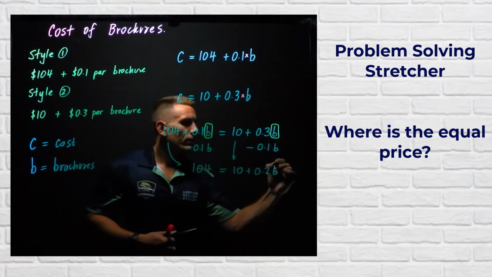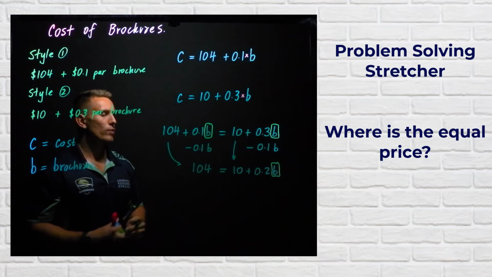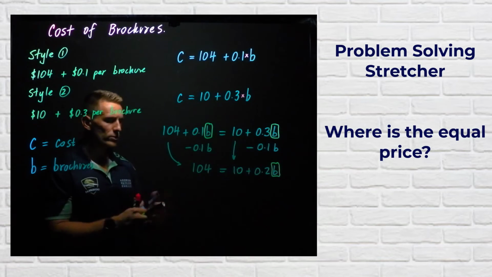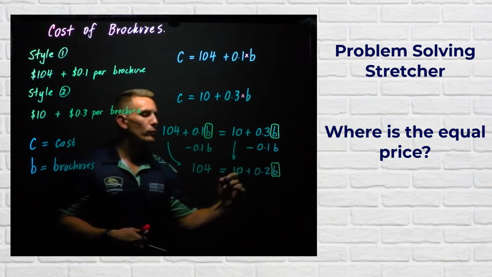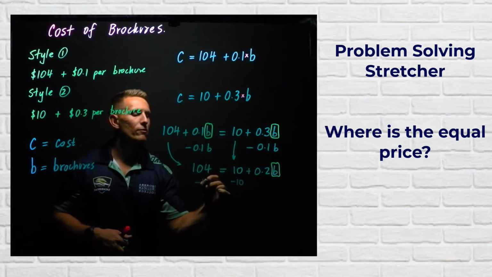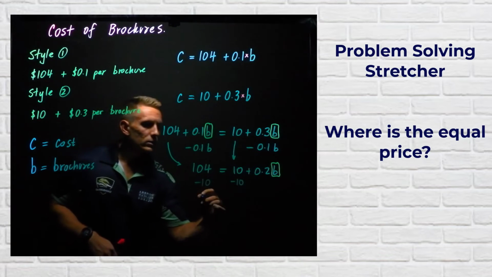Now we've managed to get the b onto one side by itself, which is great. Now we need to get rid of everything else that's surrounding it. The first thing we get rid of is this 10. In order to get rid of 10, we subtract it. If we subtract it from one side, we need to subtract it from both sides. 104 take away 10 is 94.